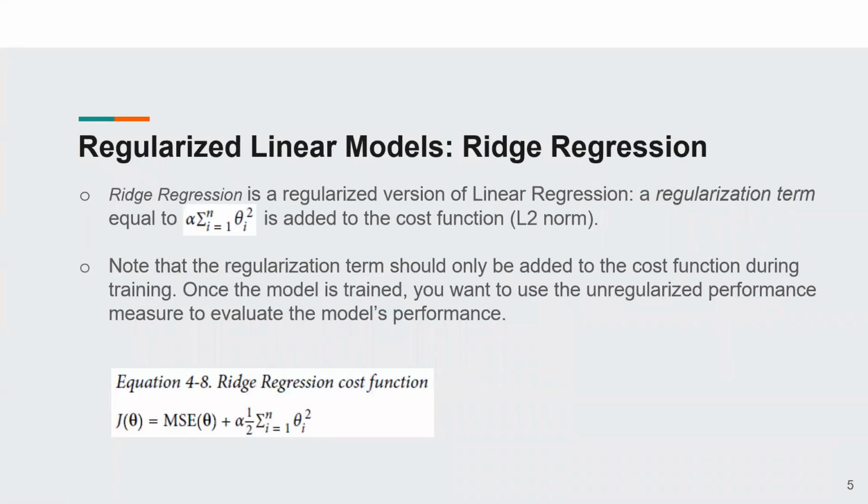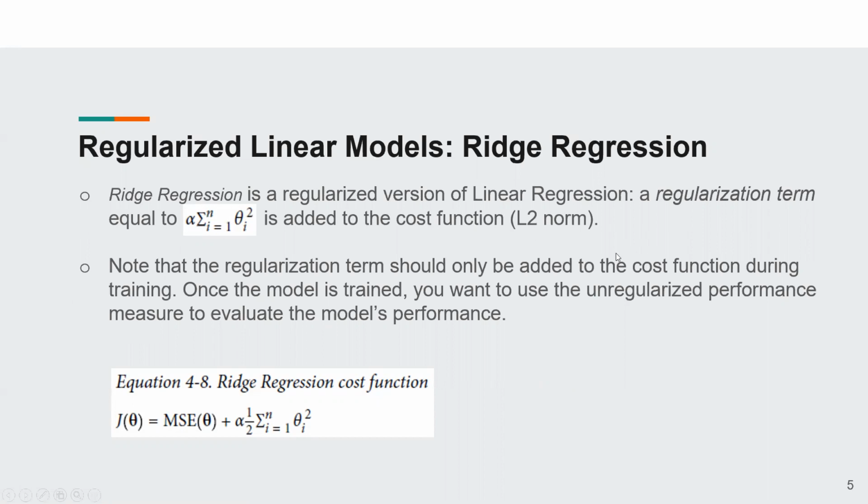How about a regularized linear model? One of them is called ridge regression. Ridge regression is a regularized version of linear regression. It is going to add a regularization term, which is the summation of theta i squared times alpha. This is added to the cost function, essentially added to MSE, and this is called the L2 form just because it has theta i squared and summation.